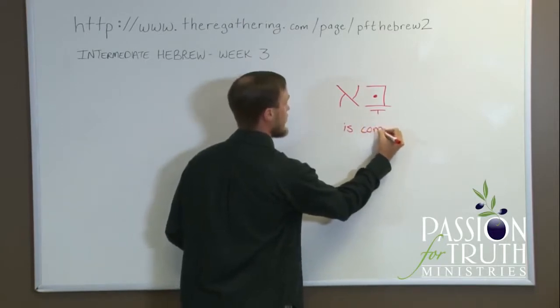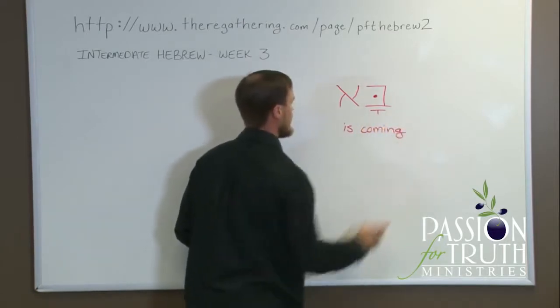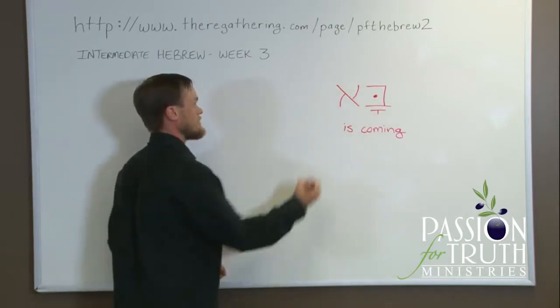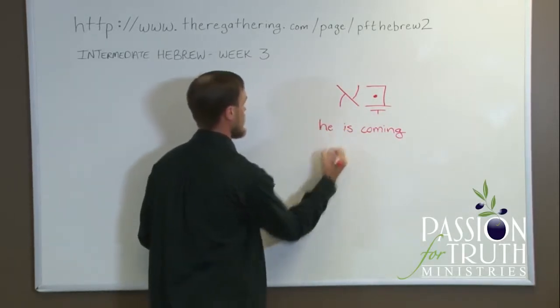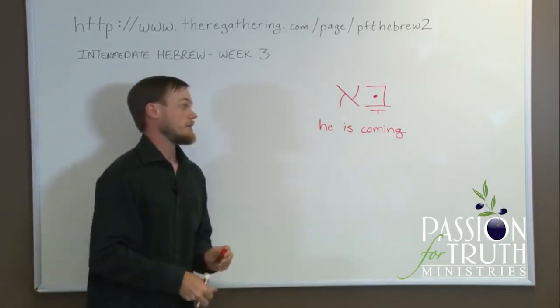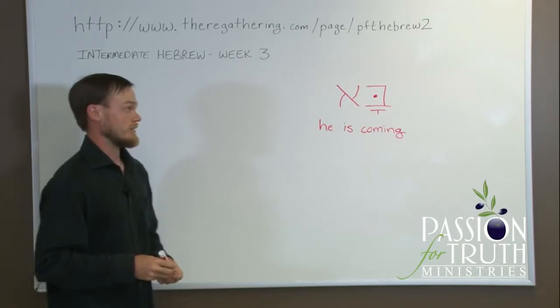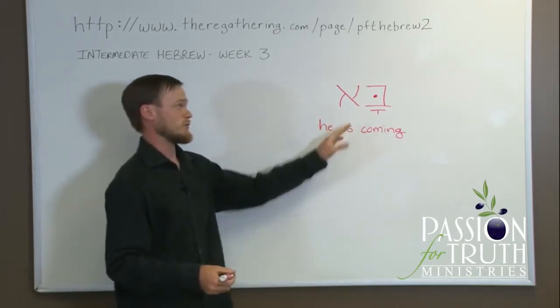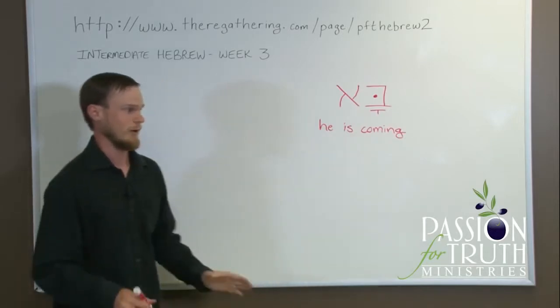So you could translate ba is coming, or perhaps even he is coming. The root of ba means to come. This is the present tense form, which would be is coming, as in right now.